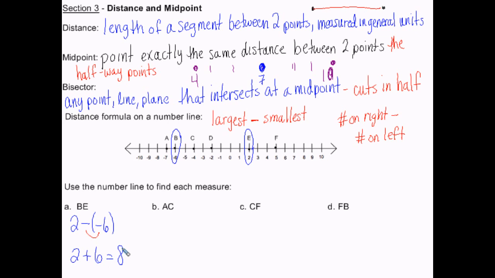Okay, so if it was just 2 minus 6, think about it like money. When you have a negative and a positive together, positive is money you have, negative is money you owe. So if I have 2 and I owe 6, how much do I still owe? You have 2, you owed 6, so you pay the 2. I still owe 4.